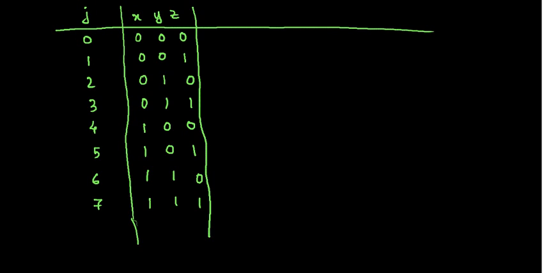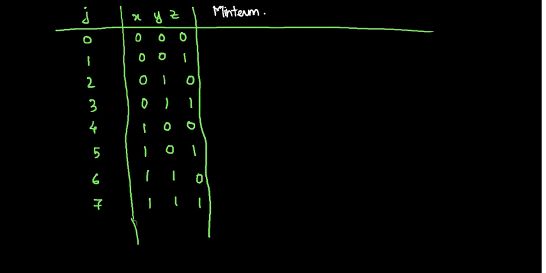Now there are 2 to the power n possibilities of min terms and max terms. The min term is expressed when you make a variable prime or bar if it is 0, and you keep it unprimed when it is 1.